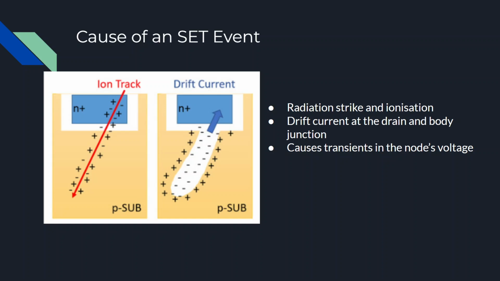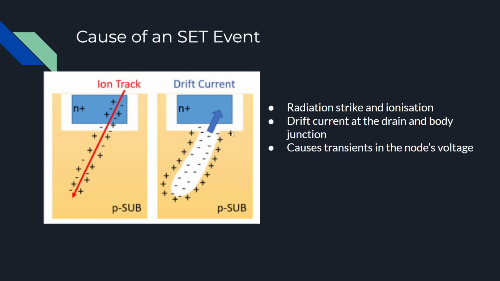So before getting into what is an ACT event, first we consider what actually causes an ACT event, or as we can call it, a single event transient. In applications where there is a large concentration of high energy particles that we call radiations, like alpha particles in the space, there can be various alpha particles that strike the PN junctions created by the active region and the substrate, leaving many atoms ionized as a result after striking them with their kinetic energy.